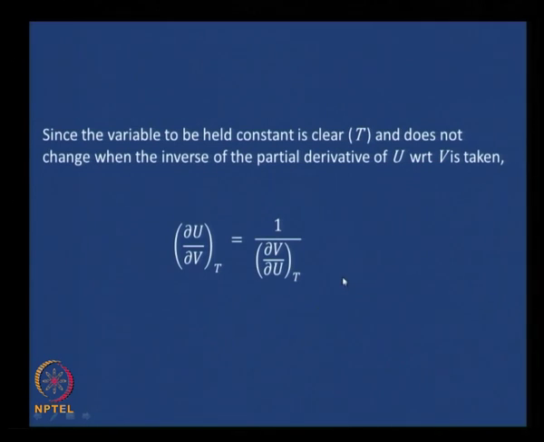Note that this is not always true in calculus. This is true only in the special case when we are very clear that the variable to be held constant remains the same whether we consider this or the inverse dou v dou u at constant t. Not exactly an inverse, it is the variation of the function with respect to a certain variable, that is a way to look at it. It just happens to resemble an inverse.